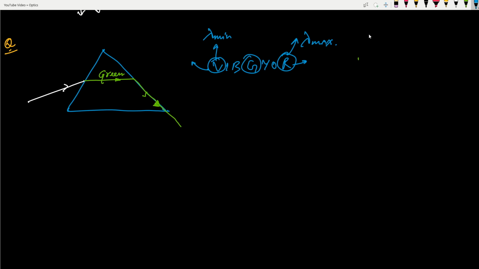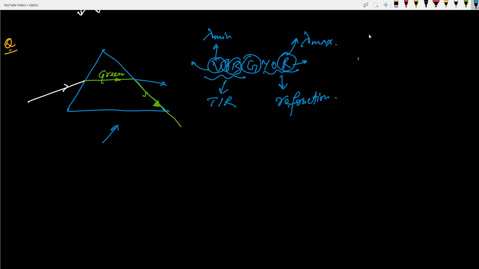Therefore, in this diagram, the rays that come below green are blue, indigo, and violet. So violet, indigo and blue will undergo total internal reflection, and yellow, orange and red will undergo normal refraction. That is, the rays for yellow, orange and red will go outside the prism.